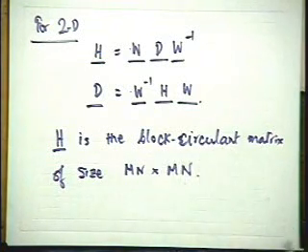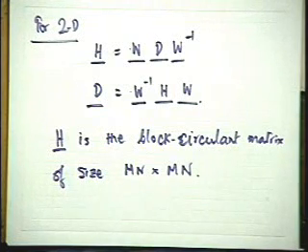And what is the physical significance of D now? D is the diagonal matrix consisting of eigenvalues, and what were the eigenvalues in the case of one dimension? Eigenvalues were the one dimensional discrete Fourier transforms of the h function.